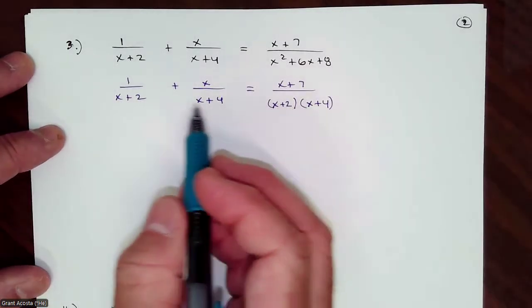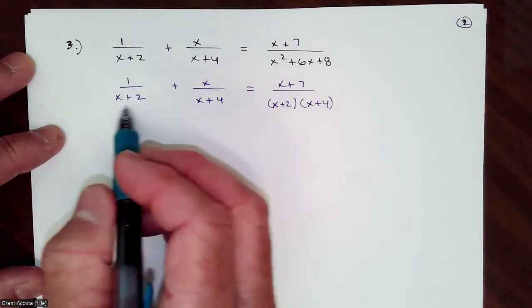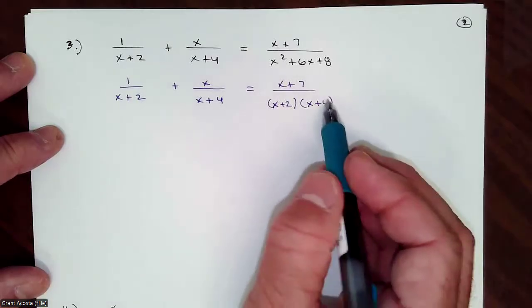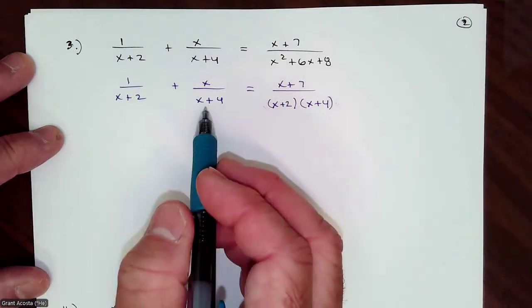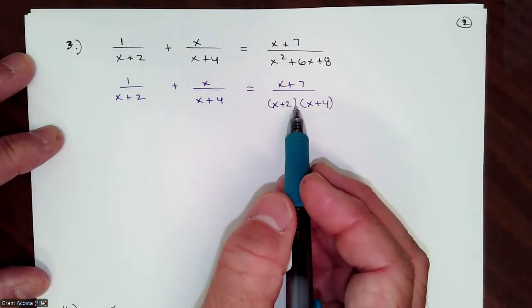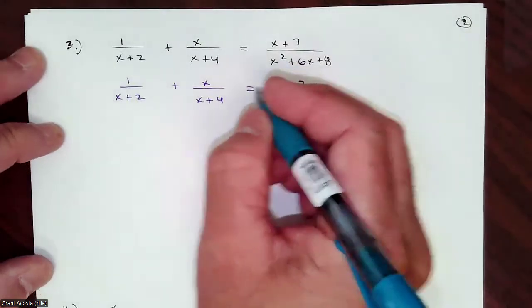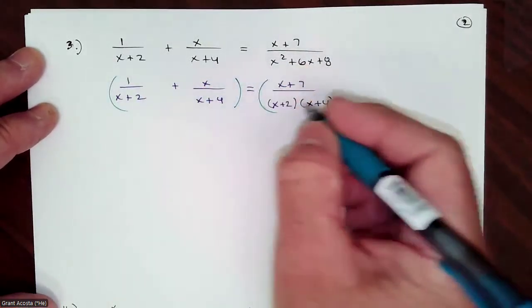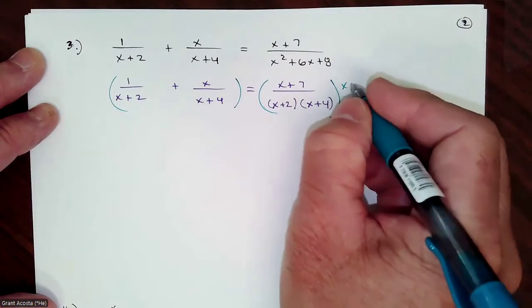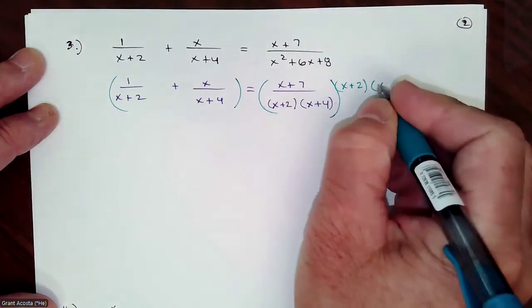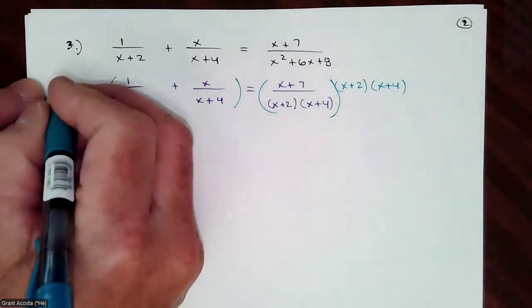So then to get rid of the denominators, the lowest common denominator of the entire problem would just be this, because that's in there and this is in there. So to get rid of the denominators, I'm going to multiply both sides by the lowest common denominator, x plus 2 times x plus 4.